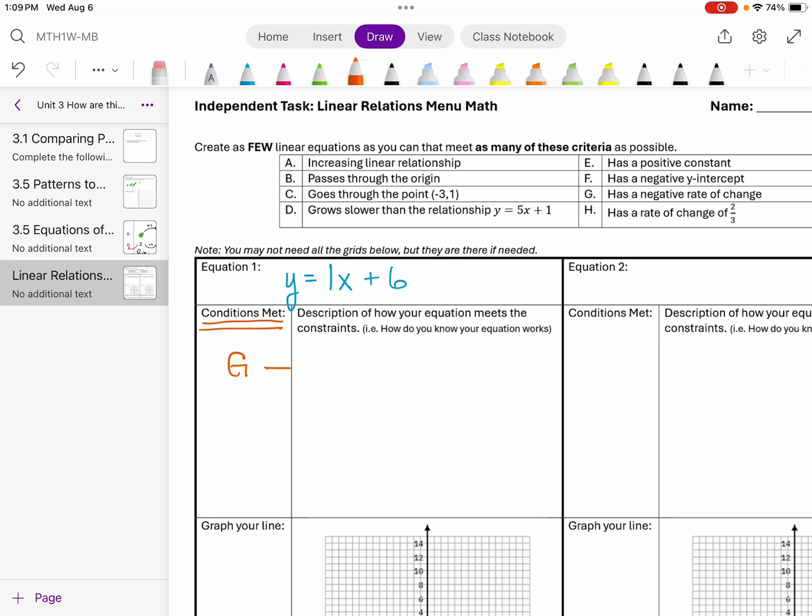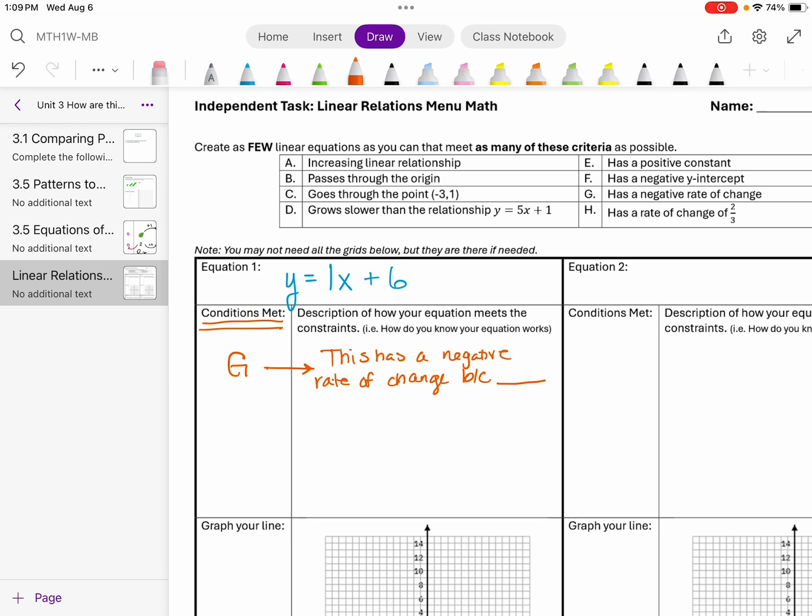Then I'm going to explain how I know, looking at that equation, that this equation has a negative rate of change. So for example, I might say this has a negative rate of change because, and what is it that I'm seeing in that equation that creates that negative rate of change?